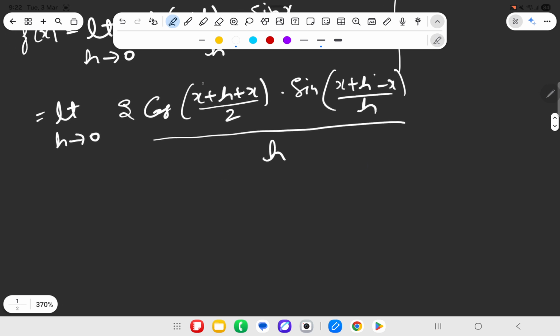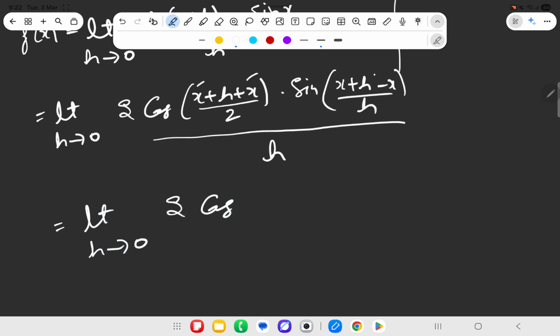Now x and x make 2x, so I get the limit as h approaches 0 of 2 cos of (2x divided by 2, plus h by 2).